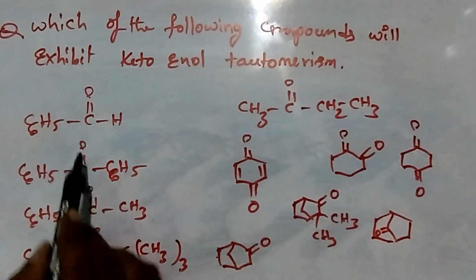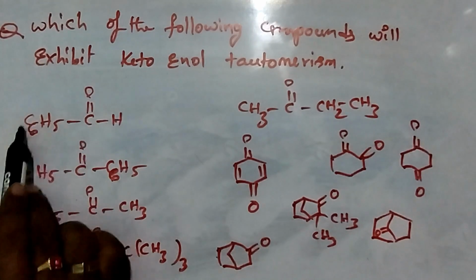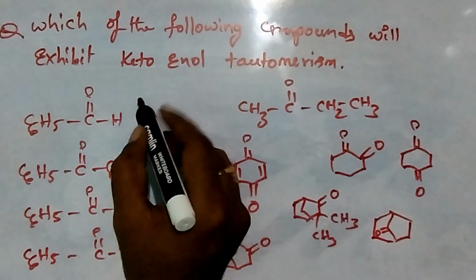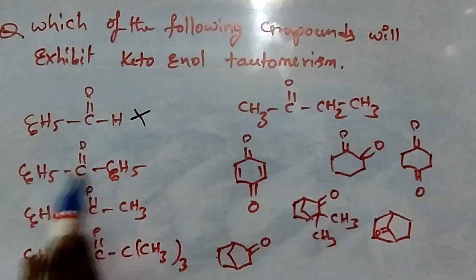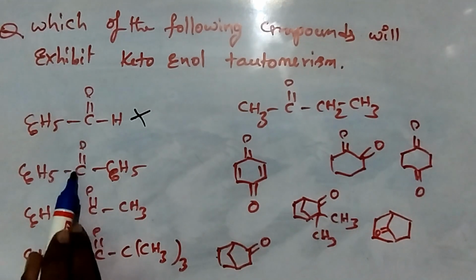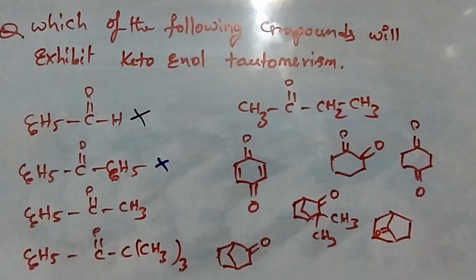See, this is a functional group carbonyl carbon, here no alpha hydrogens, it is a benzene ring. So it will not exhibit. Both the sides are benzene rings, so ketone it is, so it will not exhibit.